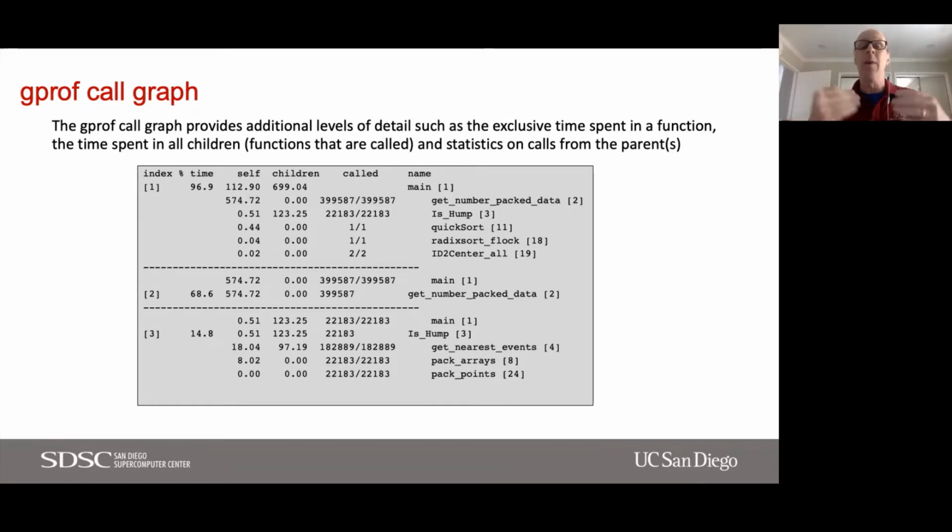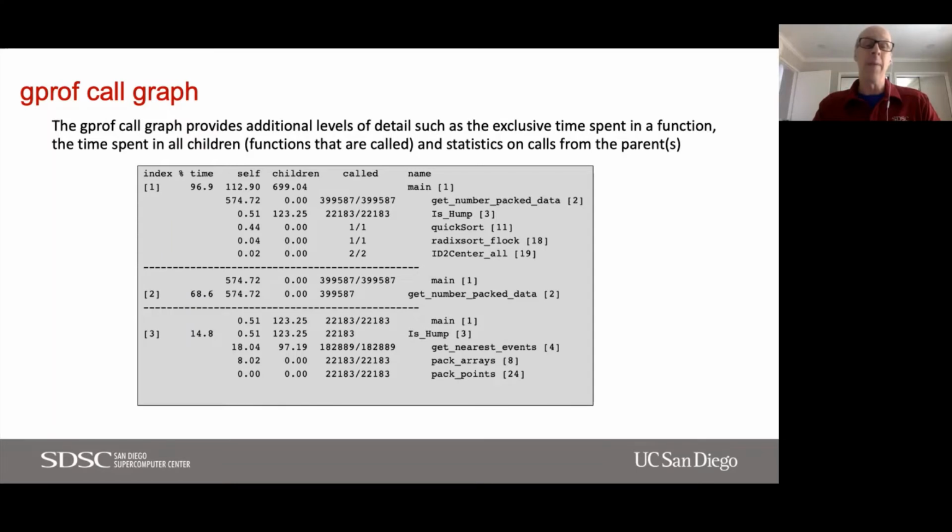So basically, if we look at the inclusive time, we could see that main plus all of its children accounts for about 97% of the runtime. You would expect this to be 100. There's usually going to be maybe a little bit of error in the percent time that's spent.